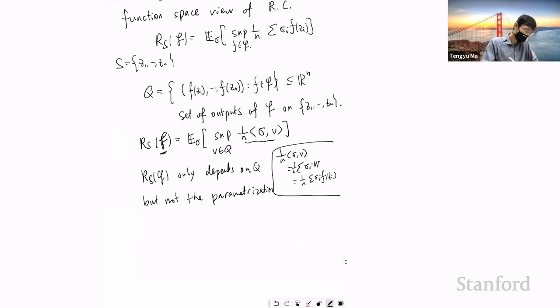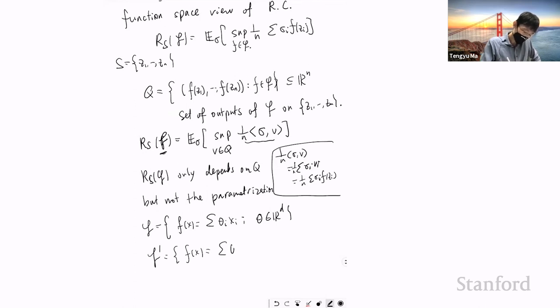So for example, suppose you have a function class F, where f of x is equal to something like the sum of theta i x i, where theta is in dimension d. And suppose you have another function class F prime, of the form, say, the sum of theta i, I'm writing something, where theta is in d and w is also a parameter in d.